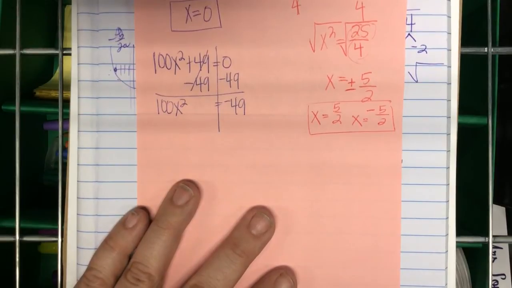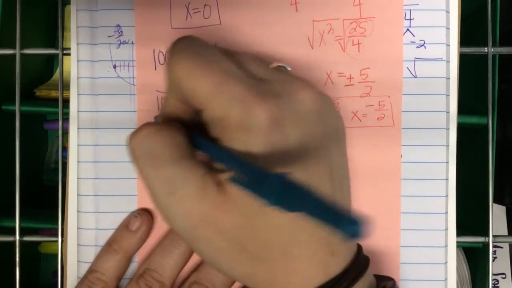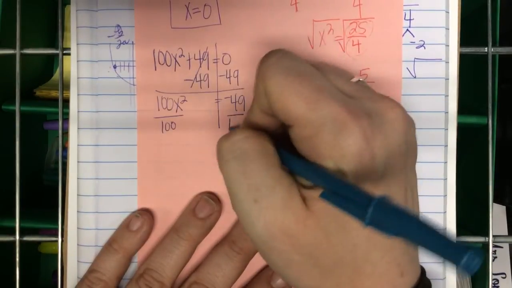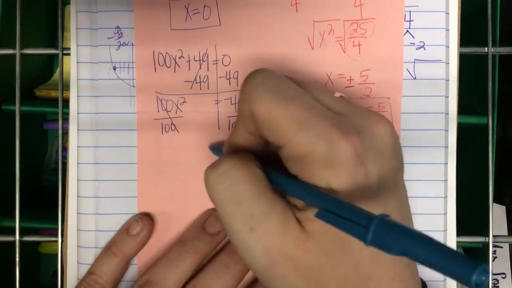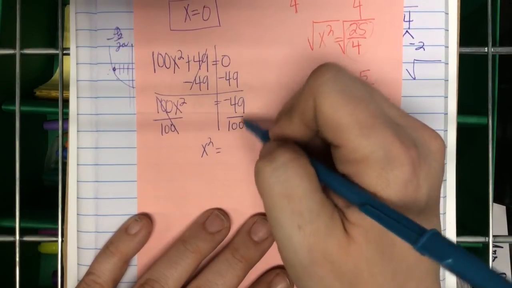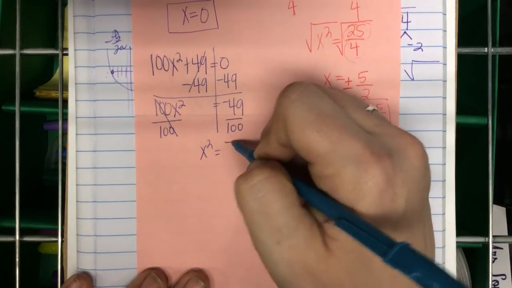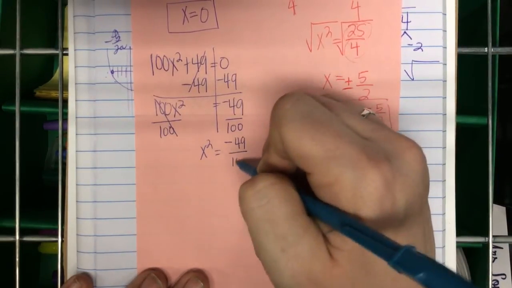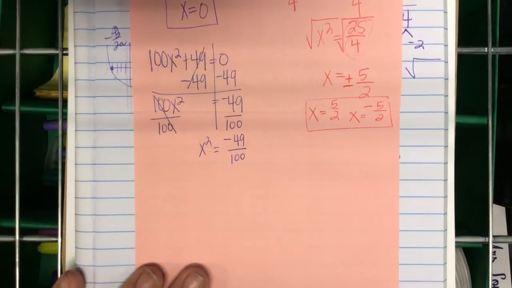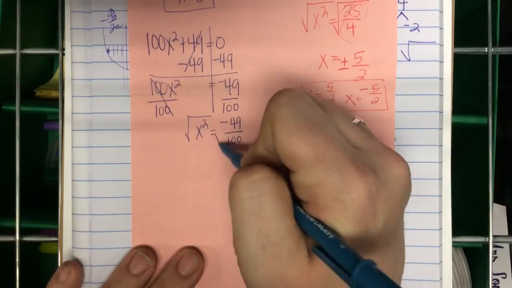Now what do I do? Divide by 100. X squared equals, should I find the decimal of this? I can do negative 49 over 100 because they're both perfect squares, right? All right, keep going. So square root them.